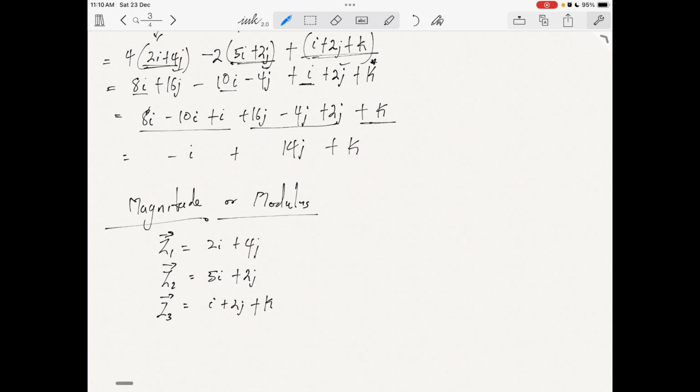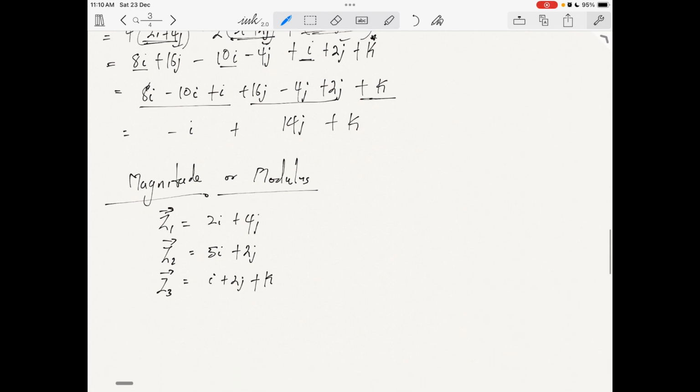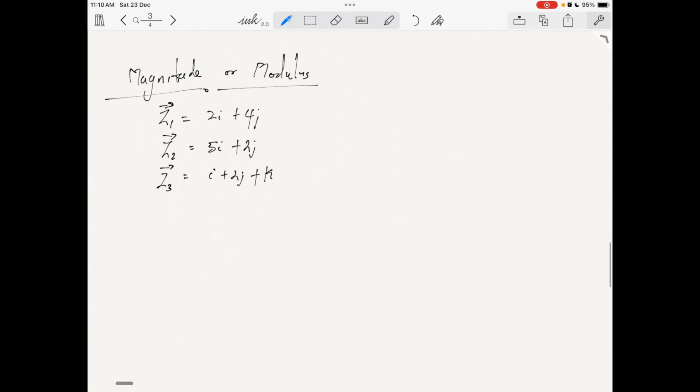And we are required to find the magnitude of each vector.